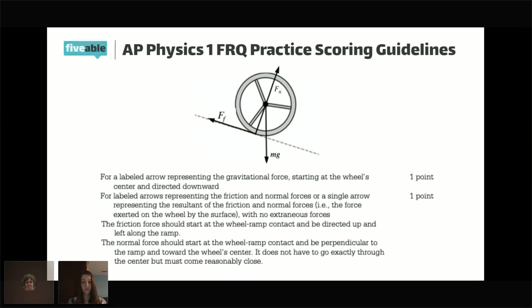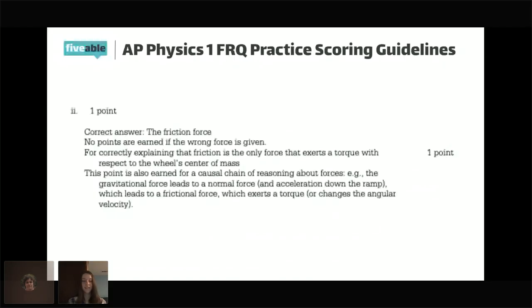So the force of friction is the only thing that can cause a change in angular velocity, which is what the answer is. You just get a point for, important note, actually, you don't get the point if you don't explain it. So it says the point is also earned for the causal chain of reasoning about forces.